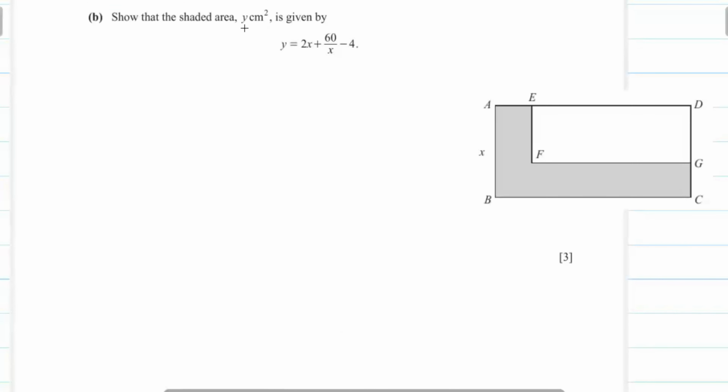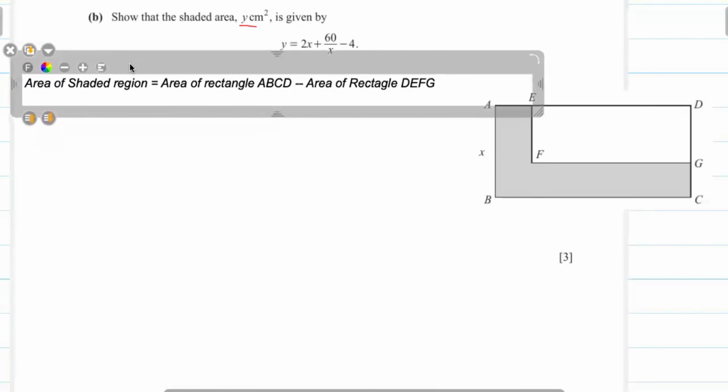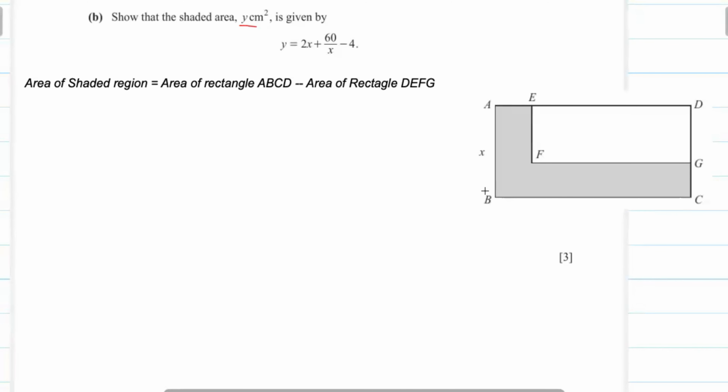Part B, show that the shaded area y centimeter square is given by y equal to 2x plus 60 over x minus 4. Now the area of this shaded region will be equal to area of rectangle ABCD minus area of rectangle DEFG. Area of rectangle ABCD is given in the question. This is 30 centimeter square minus area of rectangle DEFG, which will be equal to length multiplied by width. The length here is FG multiply EF.